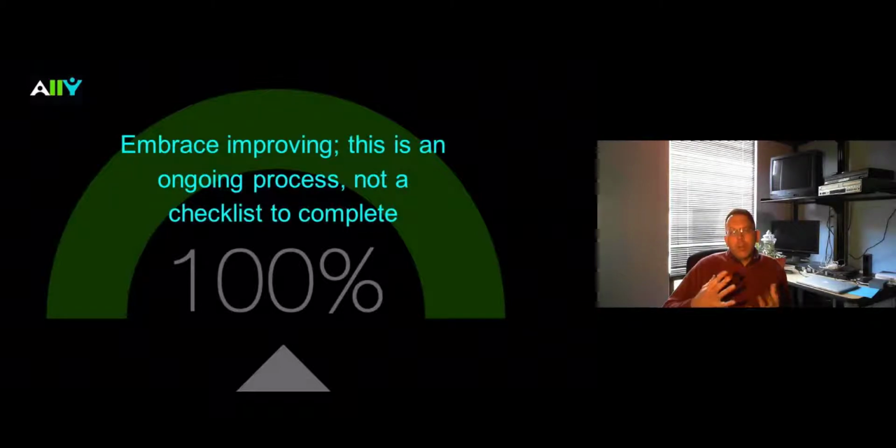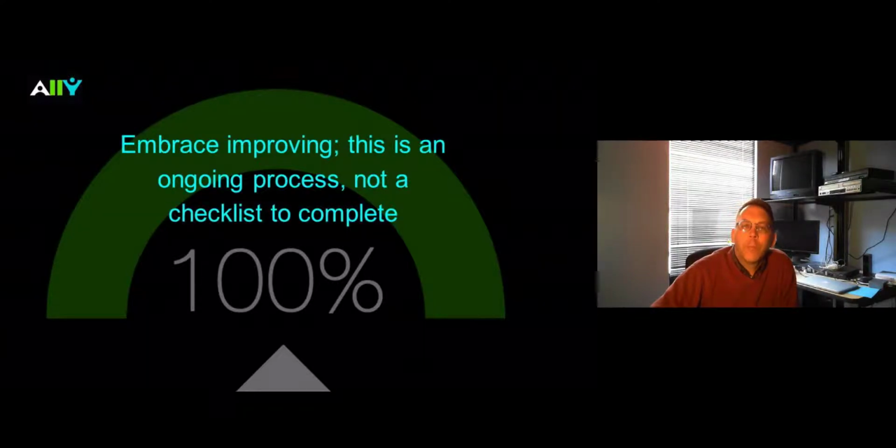So really, we want you to start thinking about accessibility and start integrating it as you naturally update your materials. And like I said, we want this to be an ongoing process.